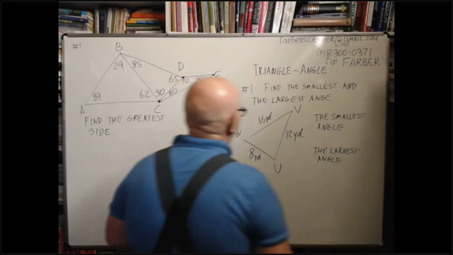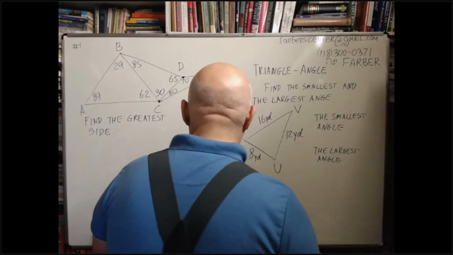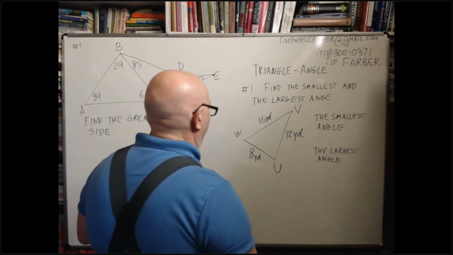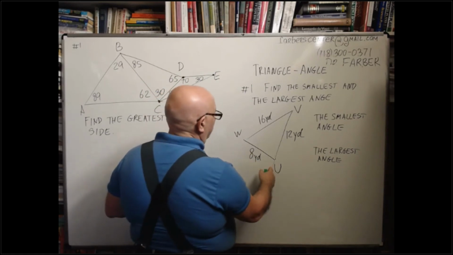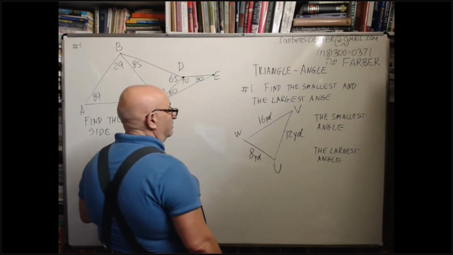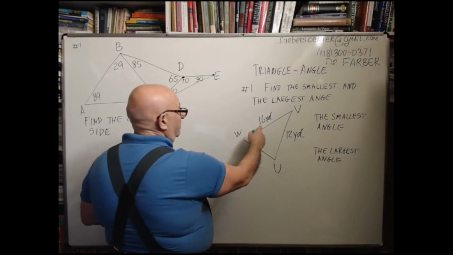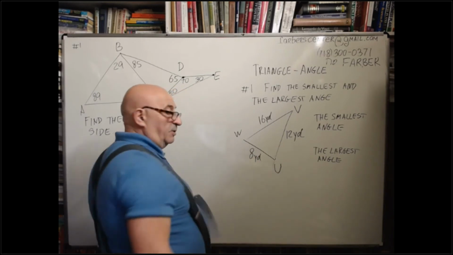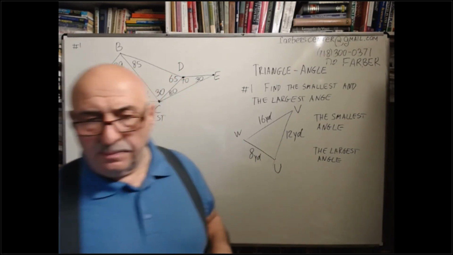Well, if they ask you the smallest angle, find the smallest side. It's like the Olympics, right? On the first place, 16, 12, 8. This is the smallest side. Can you see this is the smallest side? Students, raise your hand.